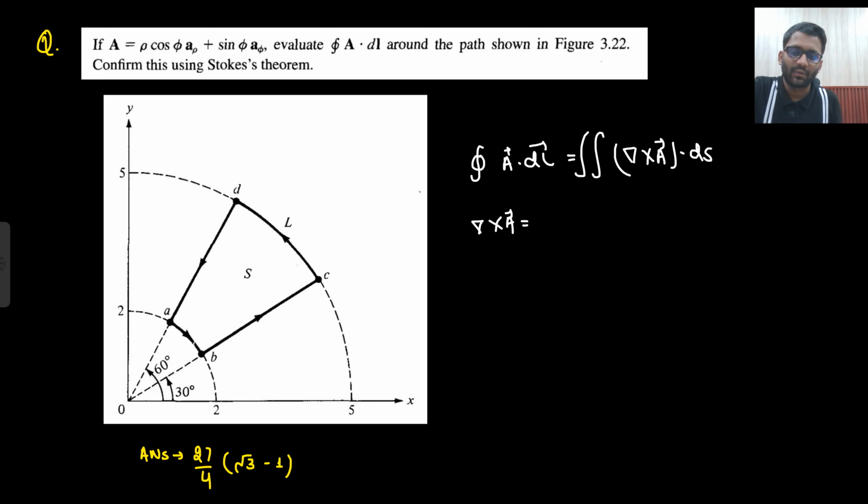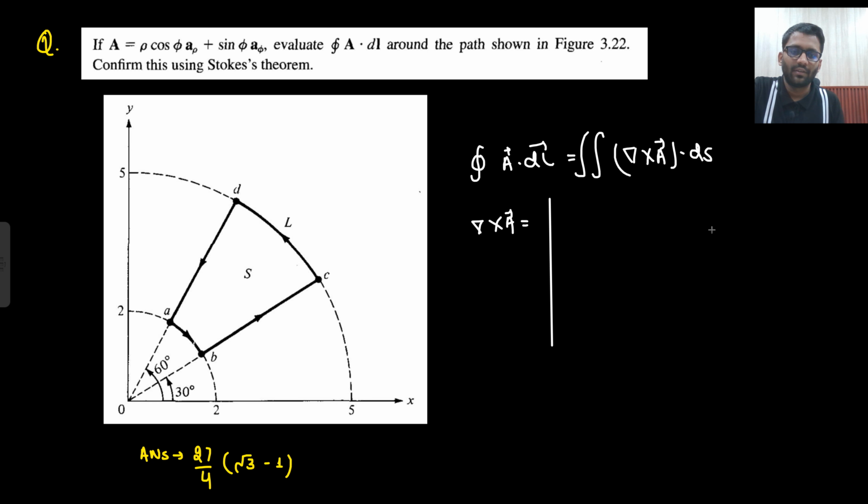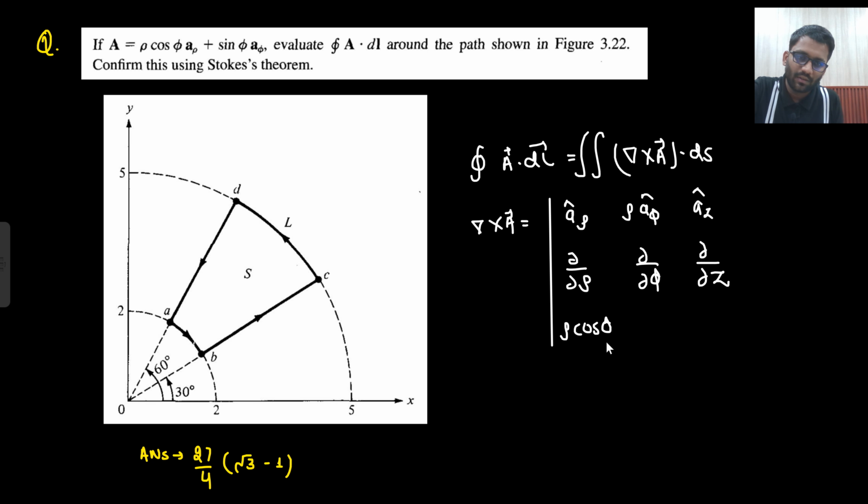So how will I find del cross A? I need to make a matrix, sorry, a determinant. It is in the cylindrical coordinate system. So unit vectors A rho, A phi, Az; d by d rho, d by d phi, d by dz; and rho cos phi, rho sin phi, and the z component is 0.